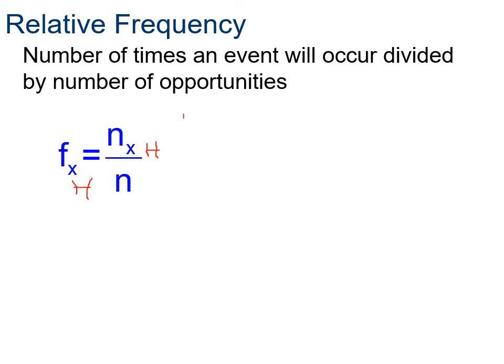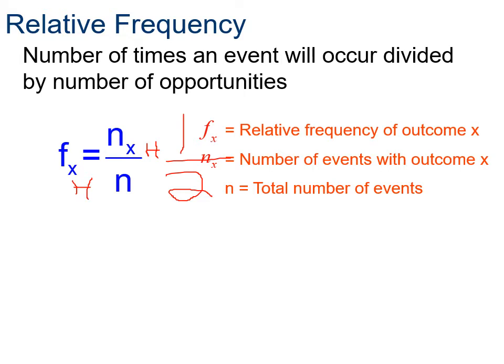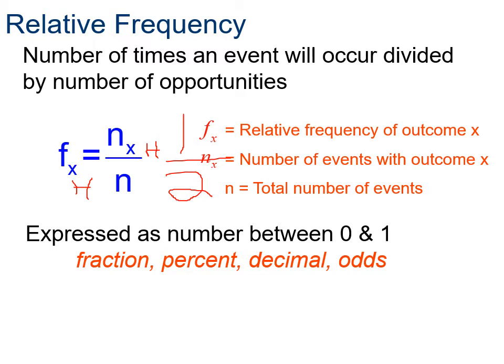Well, there's one possibility of getting a head out of the total number of opportunities, which is 2. So our relative frequency is going to be half. Half the time we would expect heads and tails. Where F of X represents the relative frequency, N of X represents the number of events, which in this case is 1 heads, and N represents the total number of events, which is possibilities, which is 2, so half the time heads.